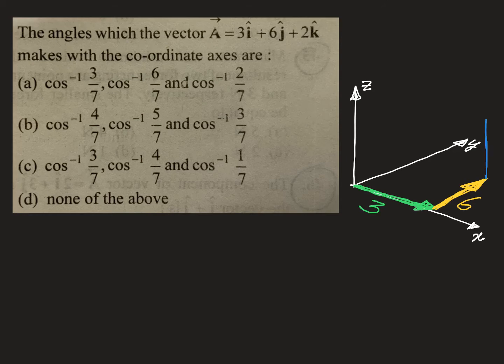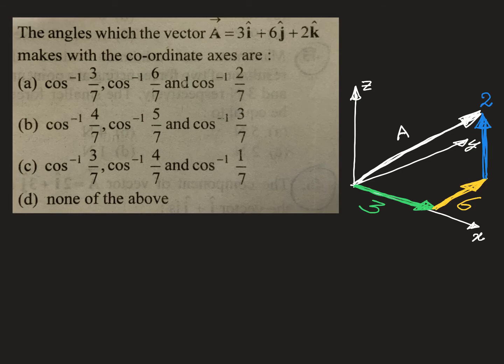So 2 k cap means 2 units parallel to the z-axis, and that's the vector. This is the vector A.